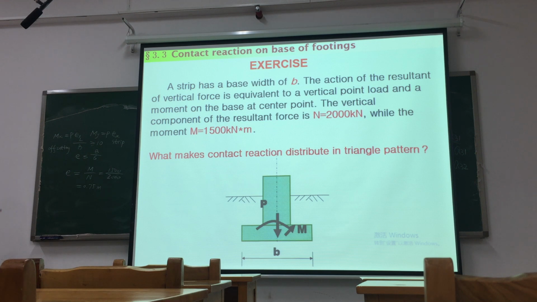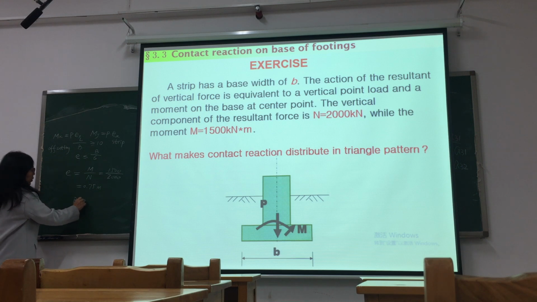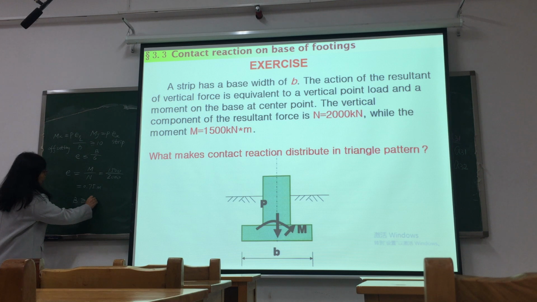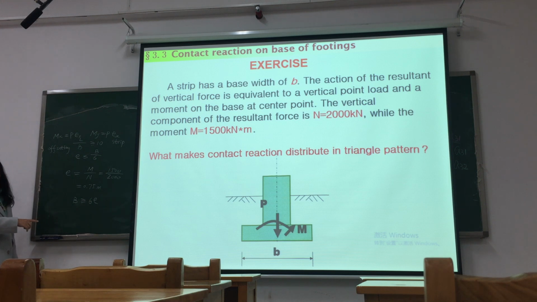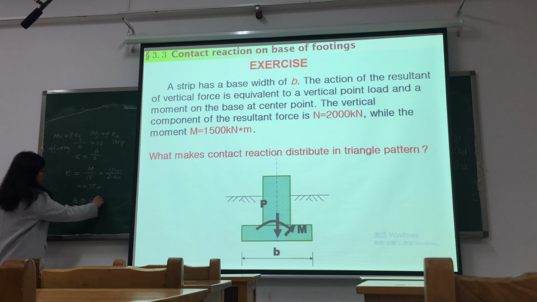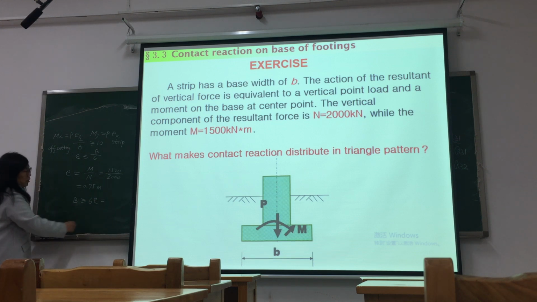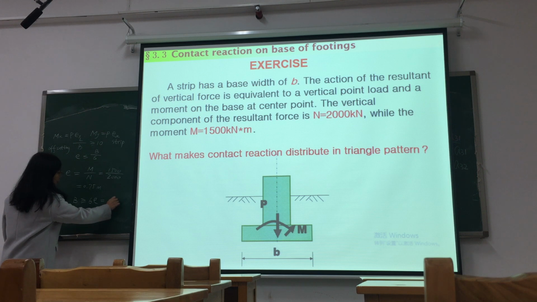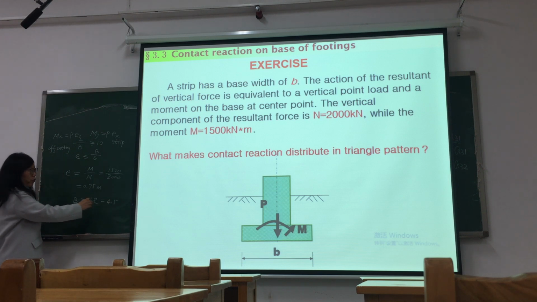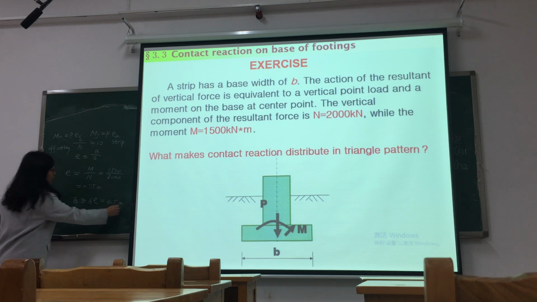And for what width may the contact reaction be distributed in a triangle pattern? Maybe b more than or equal to 6e, right? So here 6 times 0.75 is 4.5 meter.